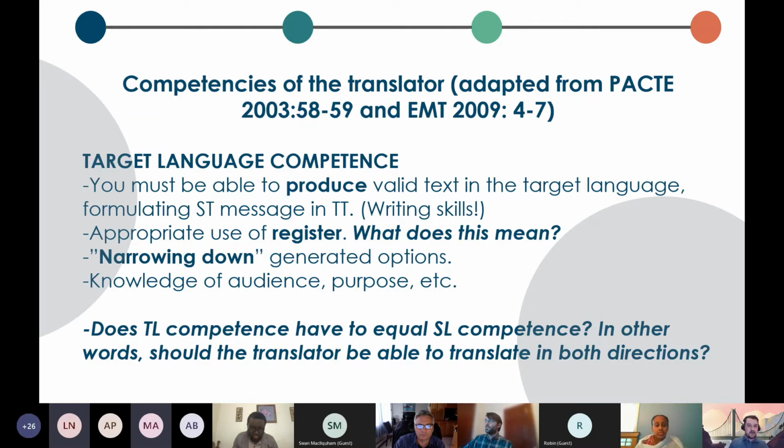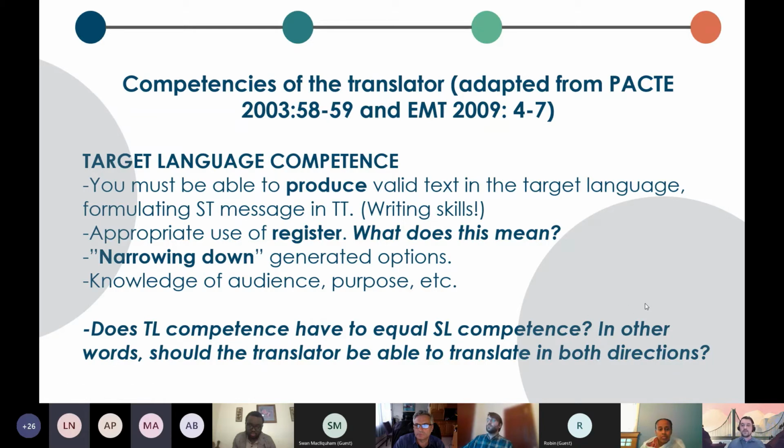That's when we're thinking about our target audience. So thinking about your target audience also, of course, is related to target text competence. Narrowing down our choices that we generated, and knowledge, of course, of our audience and the purpose of the text.